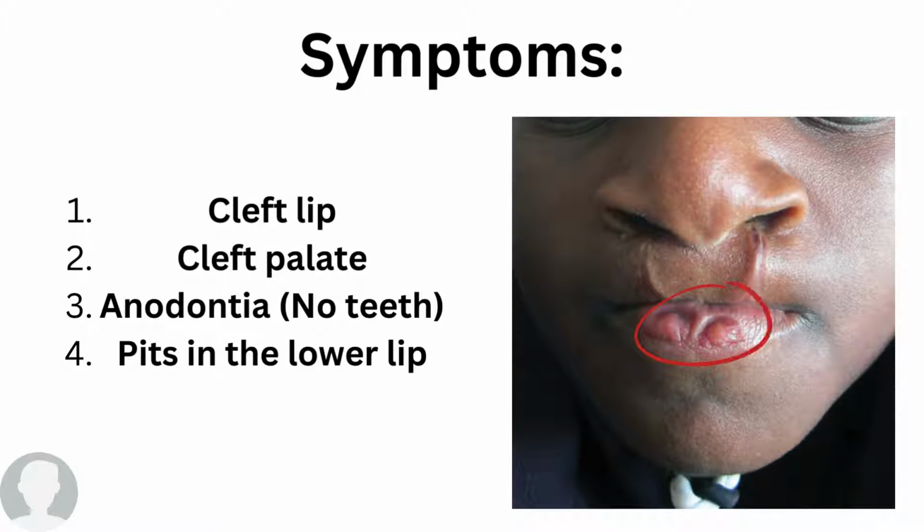So for those patients, you will always look first at the lips. Whenever you see either cleft lip or cleft palate, in addition to the pits in the lower lip, you will reach your definitive diagnosis, which is Van der Woude syndrome.